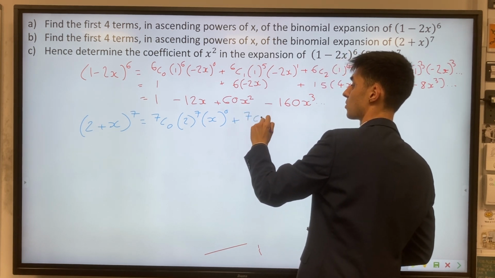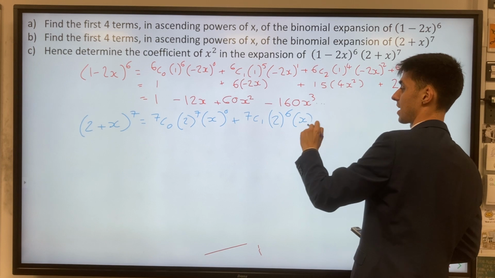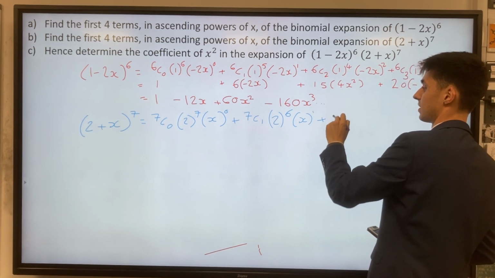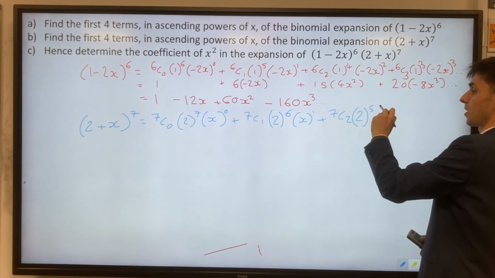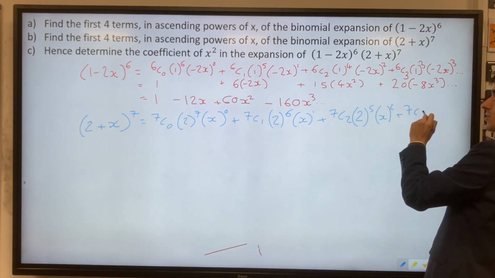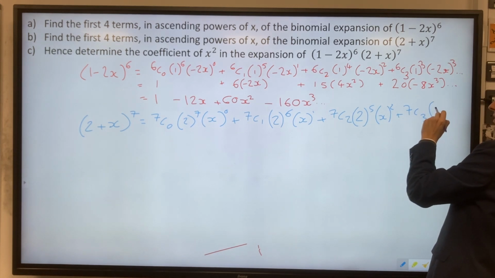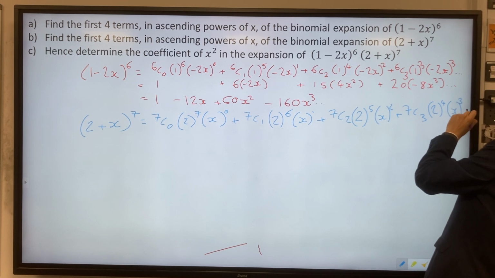Then we'll get 7 choose 1, 2 to the power of 6, x to the power of 1. 7 choose 2, 2 to the power of 5, x to the power of 2. And then 7 choose 3, 2 to the power of 4, x to the power of 3, dot, dot, dot.